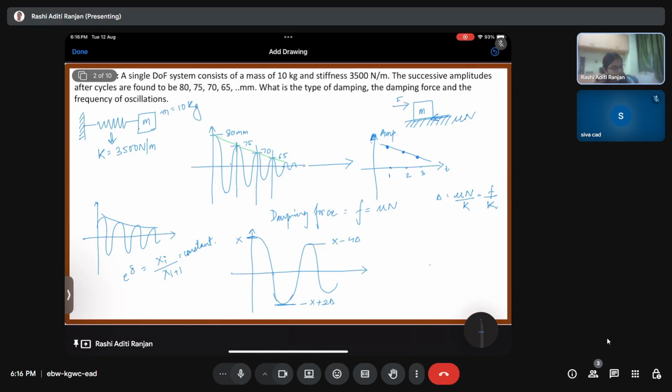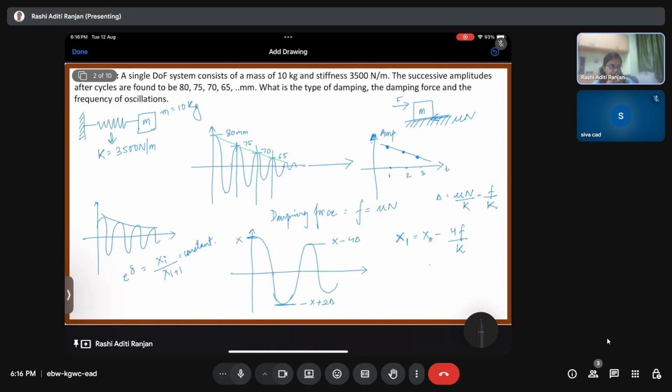So we know that after one cycle, the amplitude x after one cycle is x at 0 minus 4F by k, right? This is a relation that we get. This is for a complete cycle. For a half cycle, it would be 2F by k. Okay. So this is what we get.